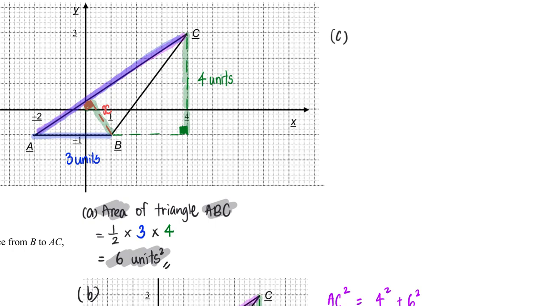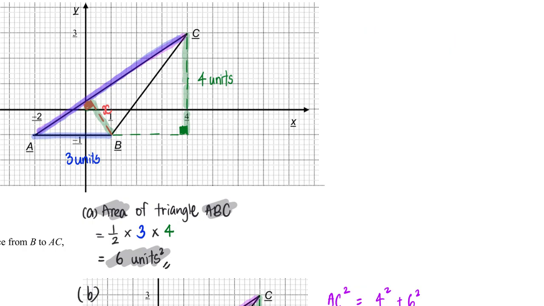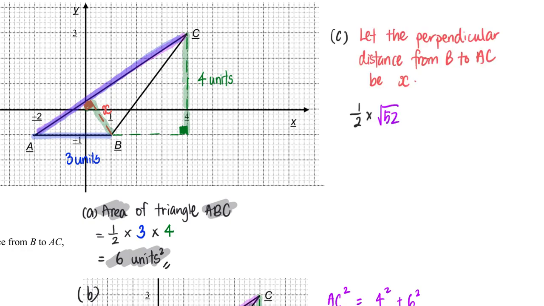First of all, we do need to let people know what x is. So we are going to let the perpendicular distance from B to AC be x, so that we could have this half times base AC, which we have gotten from part B. And notice I'm going to use square root 52 and my x.